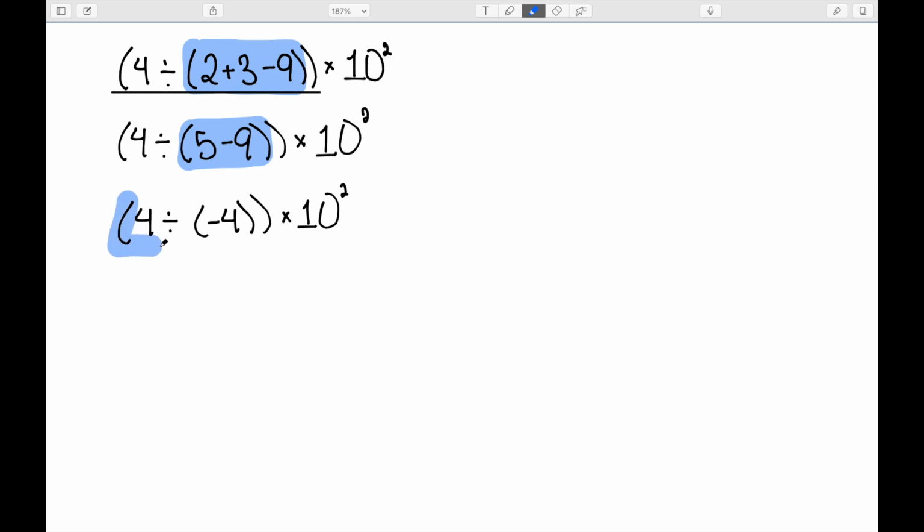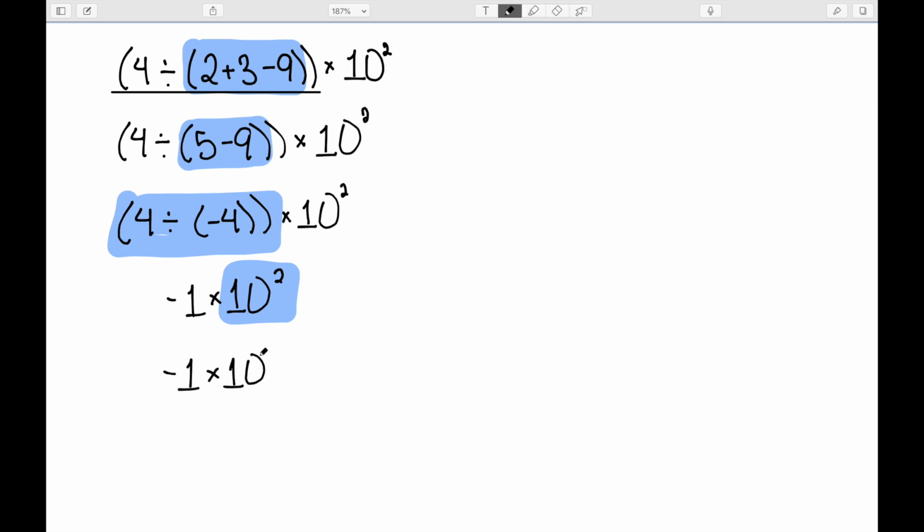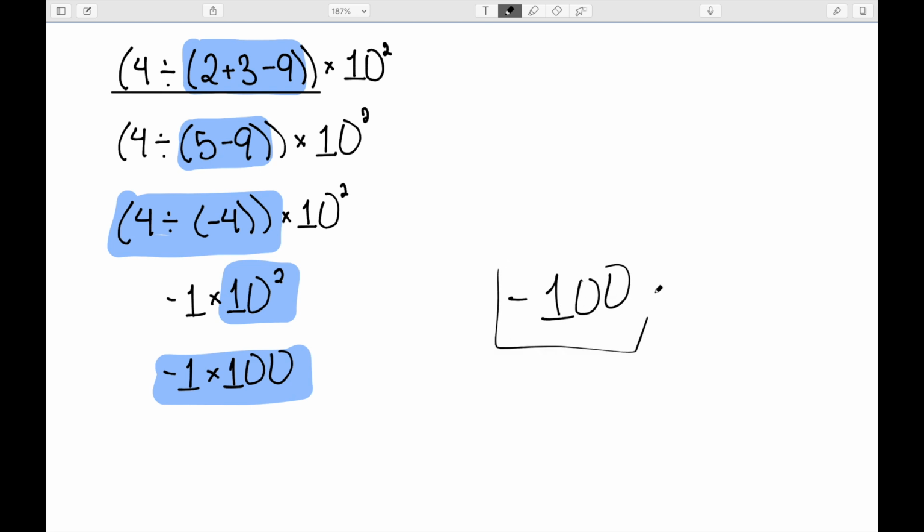We can now finish out our grouping symbols by doing 4 divided by negative 4. That's negative 1 times 10 squared. Now that we're finally done with grouping, we can deal with exponents. 10 squared is 100. And then the very last operation we have here, negative 1 times 100, gives me my final answer of negative 100.